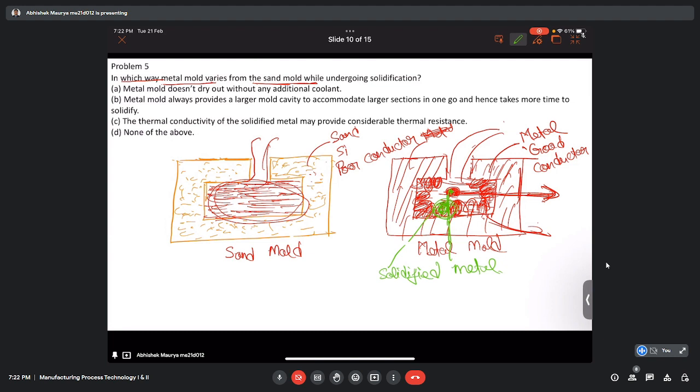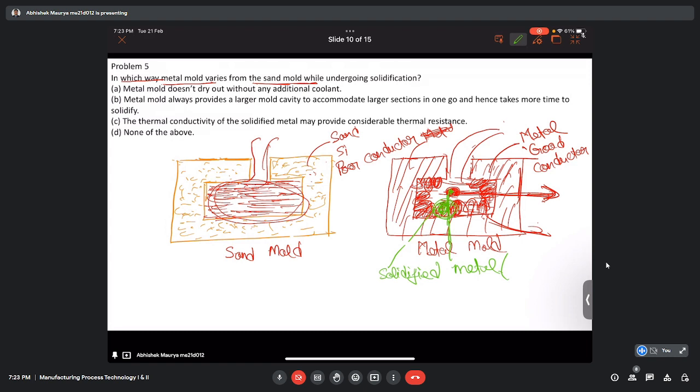This kind of process will not take place in the sand mold. Here the heat transfer rate is already very slow in the case of the sand mold, so the solidification will not get much affected by the resistance of the solidified material, whereas here it is highly affected by the solidified metal.